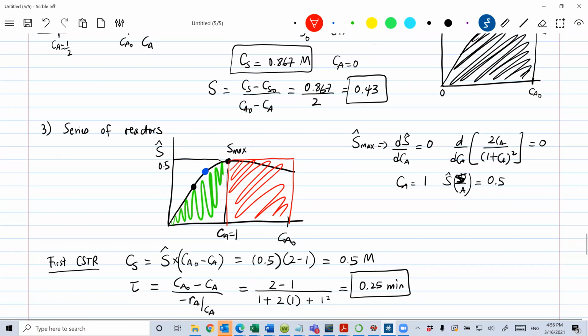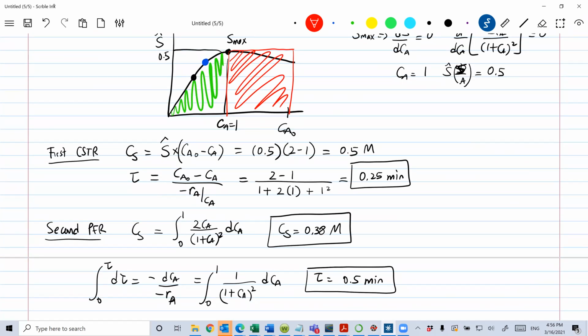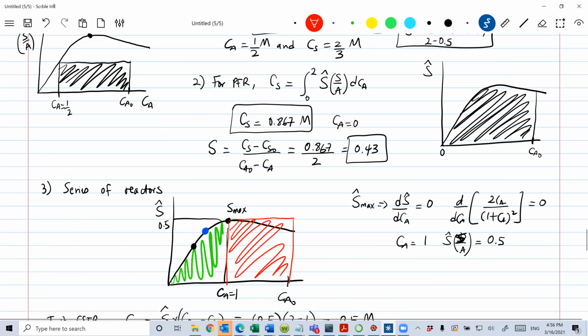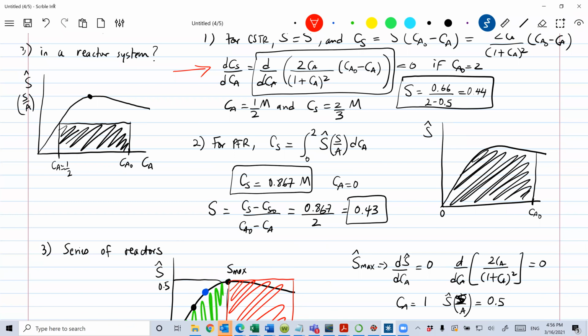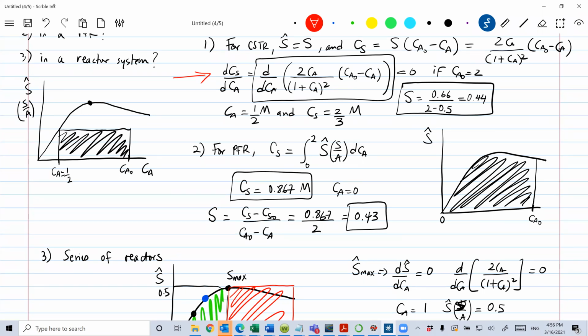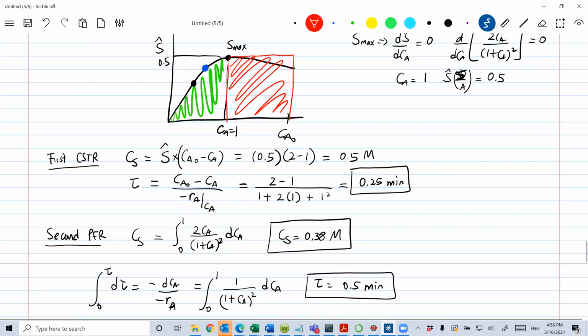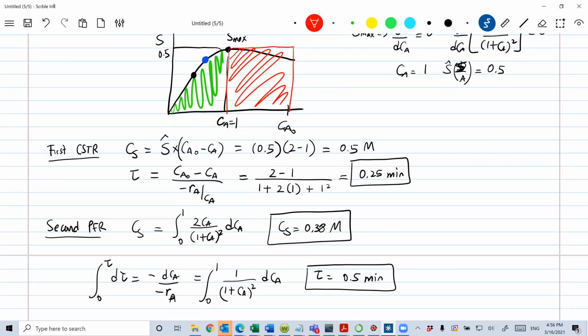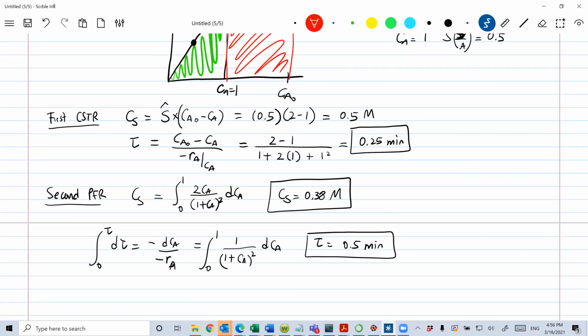But you can actually calculate the reactor volume after you've done some approximations. We could also have calculated the reactor volume in part 1 and 2. I just didn't do it because part 3 essentially can do both. So you can calculate reactor volume in part 1, part 2, that's fine. But I'm just showing it here as a combined version.